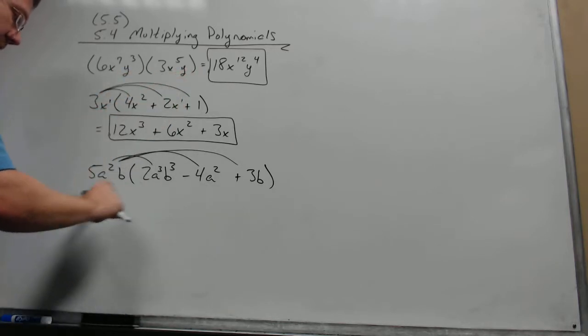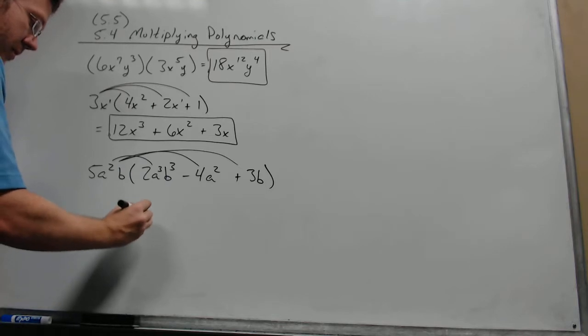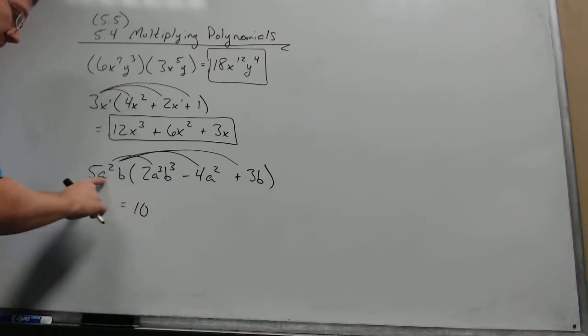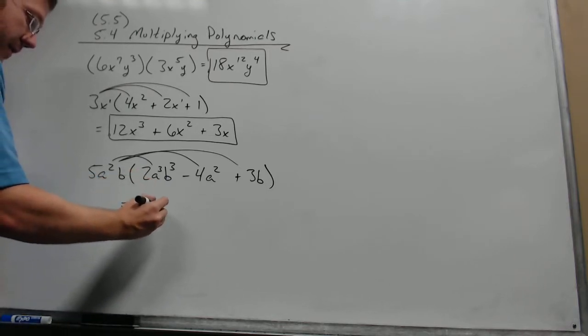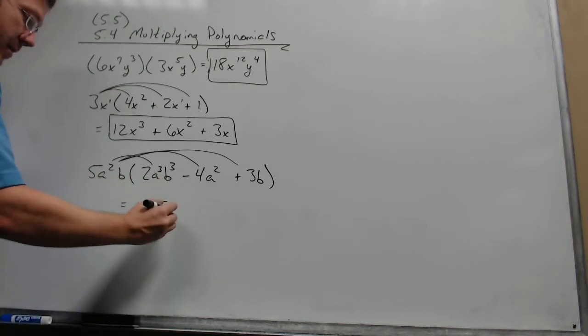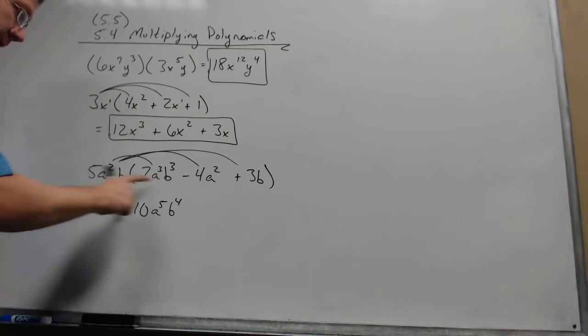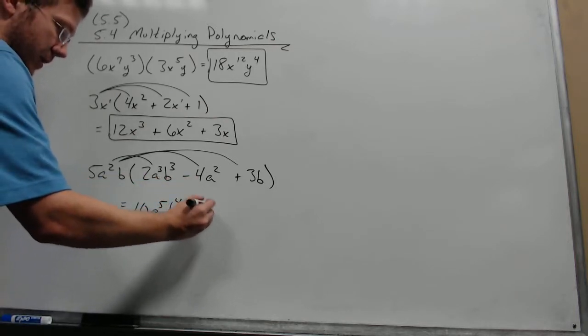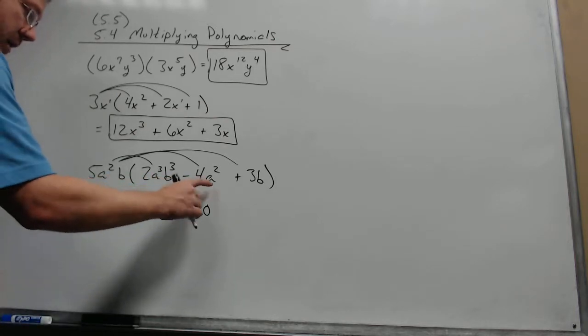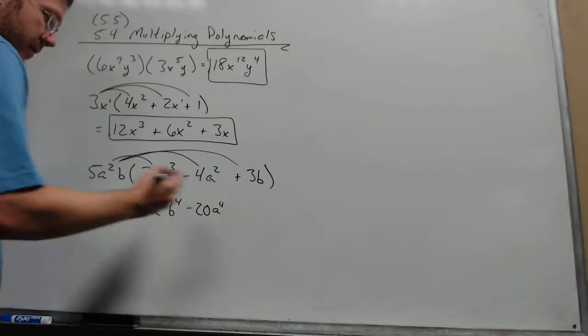This times this, 5 times 2, 10. Add our exponents, a squared and a to the 3rd, a to the 5th. b and b to the 3rd, b to the 4th. Next game. 5 times negative 4 is negative 20. a squared and a squared should add up to a to the 4th.